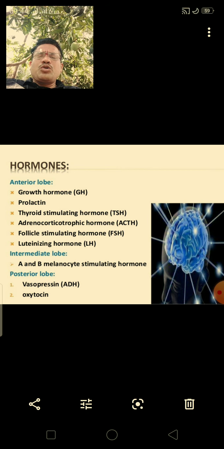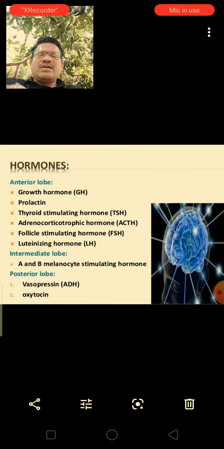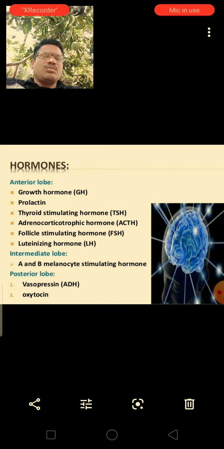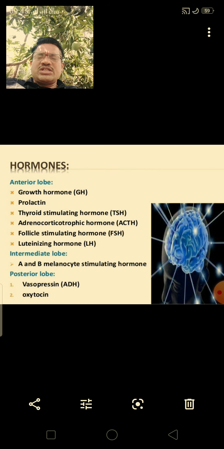Next, posterior lobe of pituitary, only two hormones are there. First one vasopressin. The other name of vasopressin is antidiuretic hormone, ADH. Next one oxytocin. So only two hormones from the posterior lobe of pituitary, those are vasopressin and oxytocin.